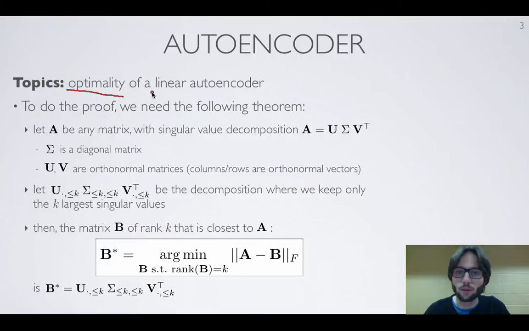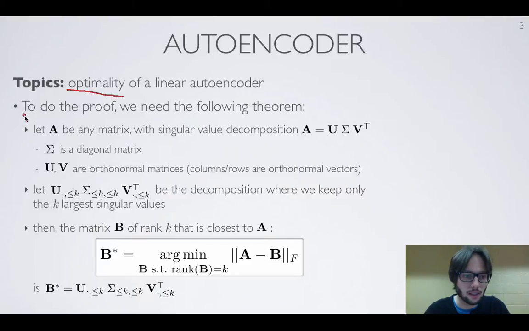So for the squared difference loss, I suggested we use a linear decoder. In that case, we can actually show that a linear autoencoder will be optimal. It will give you the best training error it can for a given number of hidden units. So we'll show a sketch of that actual proof.